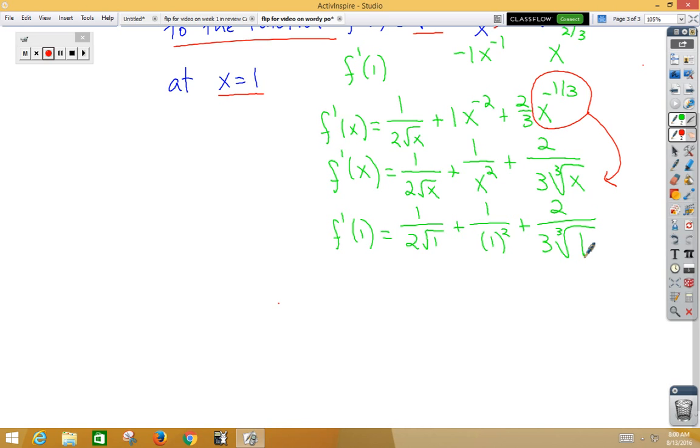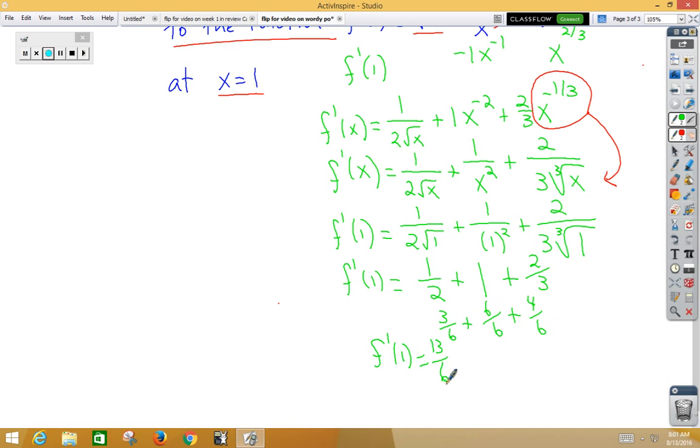If we simplify that a little bit, we have f prime of 1 is 1/2 plus 1 plus 2/3. Well, we're going to have to make a common denominator, so let's go ahead and choose 6. So we've got 3/6 plus 6/6 plus 4/6. So f prime of 1 would be 13 over 6.